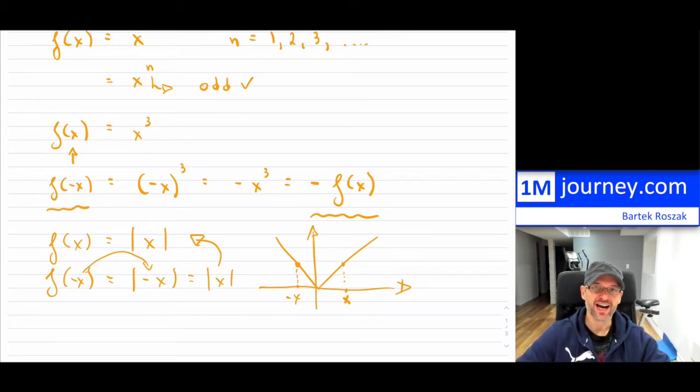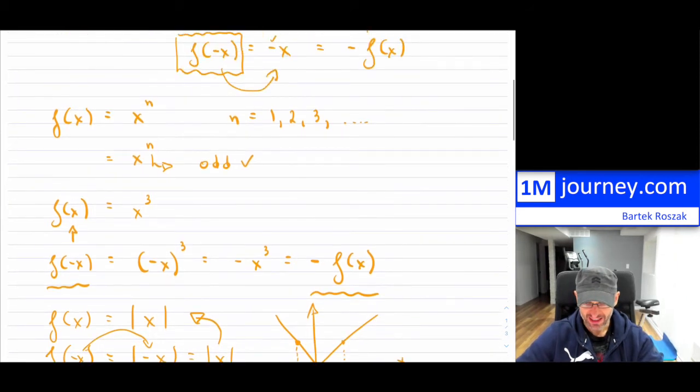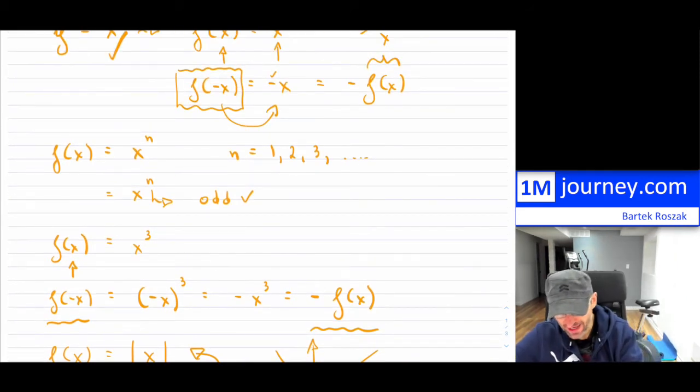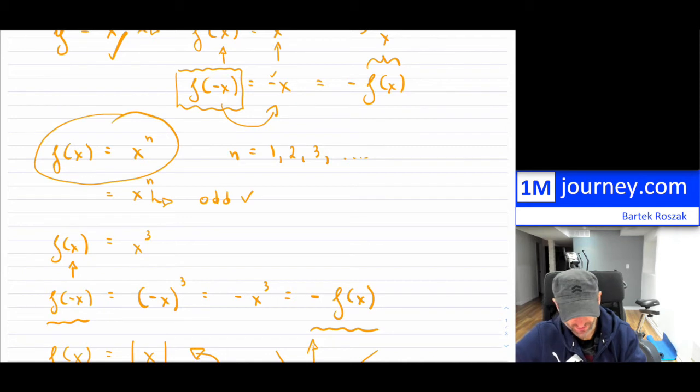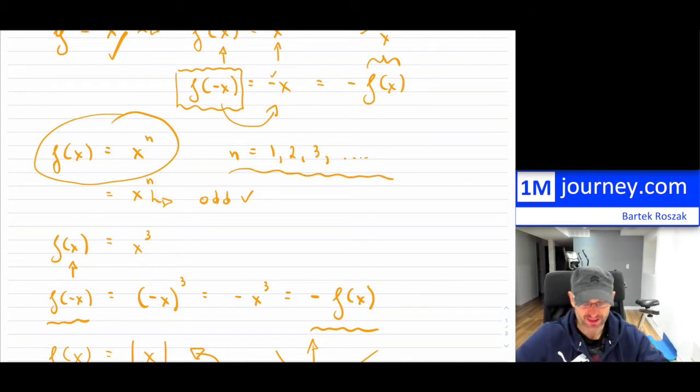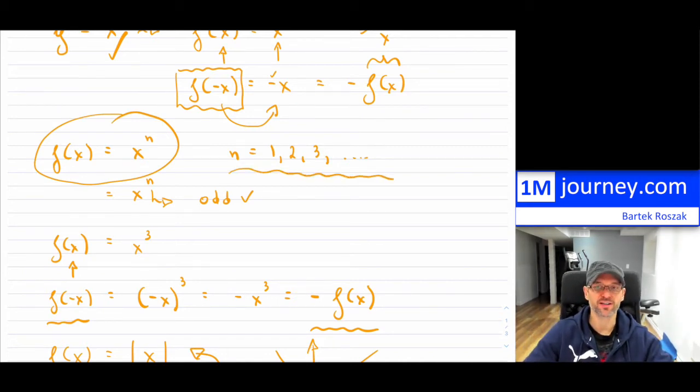And this you actually still had in your power functions. If I go back to this power function and start looking at these, notice that for the odd values of n, so 1, 3, 5, it was an odd function. So you'd probably guess that if you had even values, 2, 4, 6, and so on, it's going to turn out to be an even function.